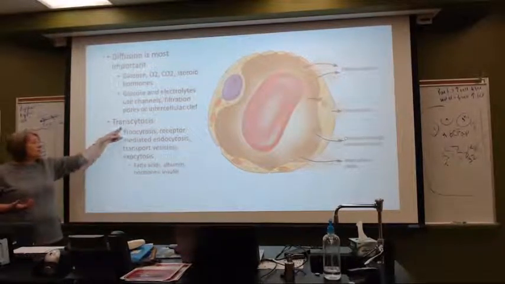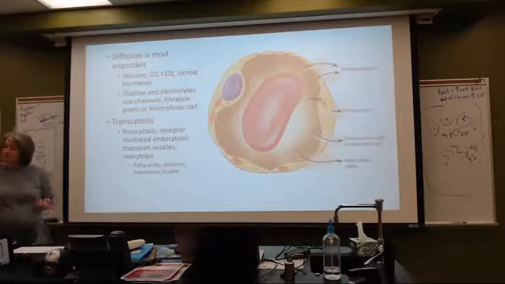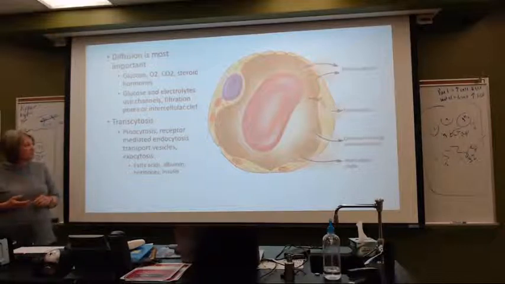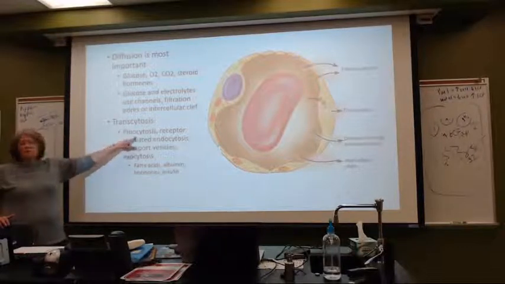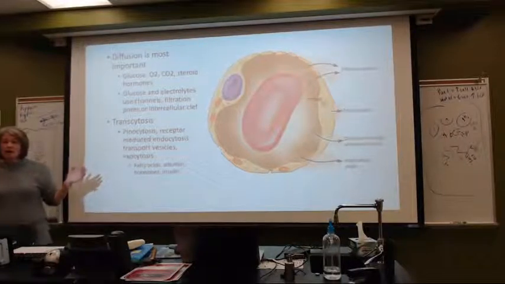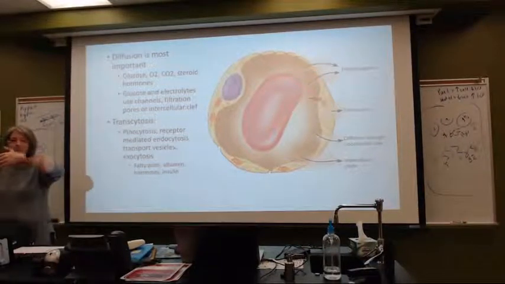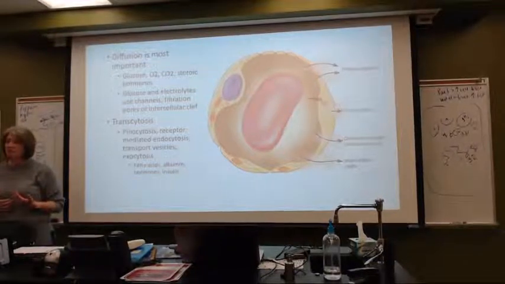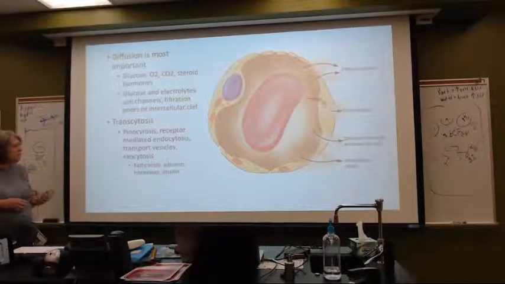The one that we talked about, transcytosis, for something to move across the cell. Well, do you guys remember pinocytosis, cell drinking, how the plasma membrane can just wrap around some fluid and whatever's in it gets to be moved into the cell?